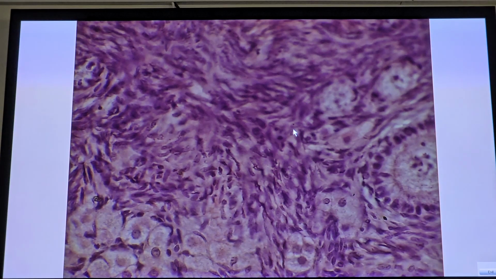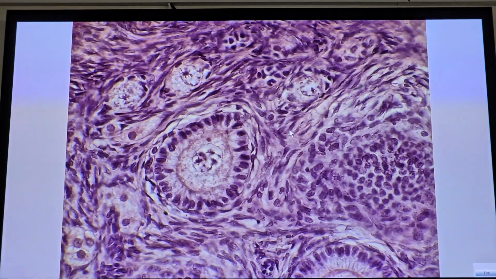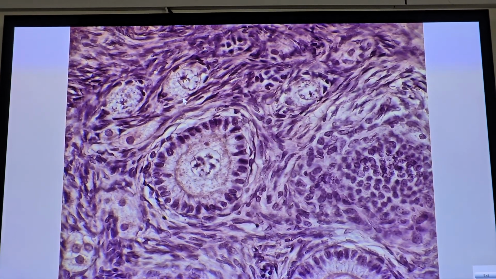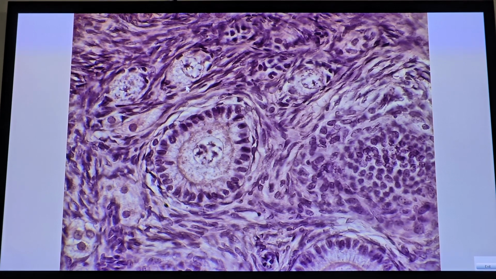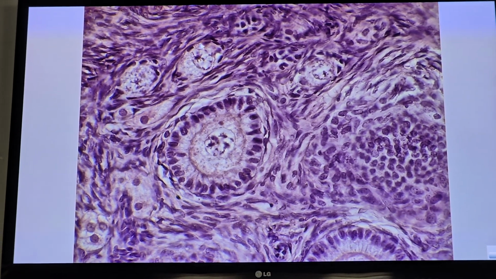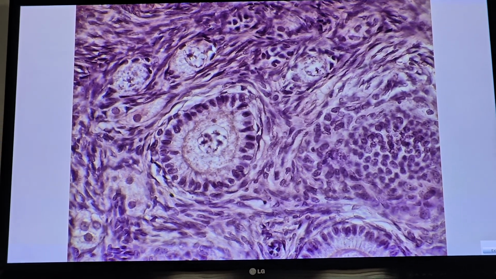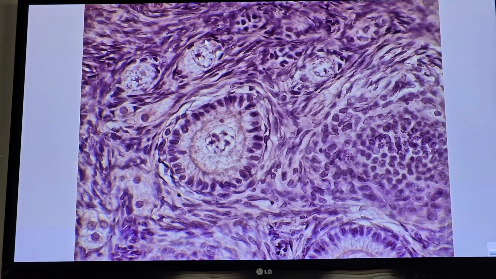At higher magnification, we can see the primordial follicle. Each follicle has a primary oocyte surrounded by a single layer of flattened follicular cells.